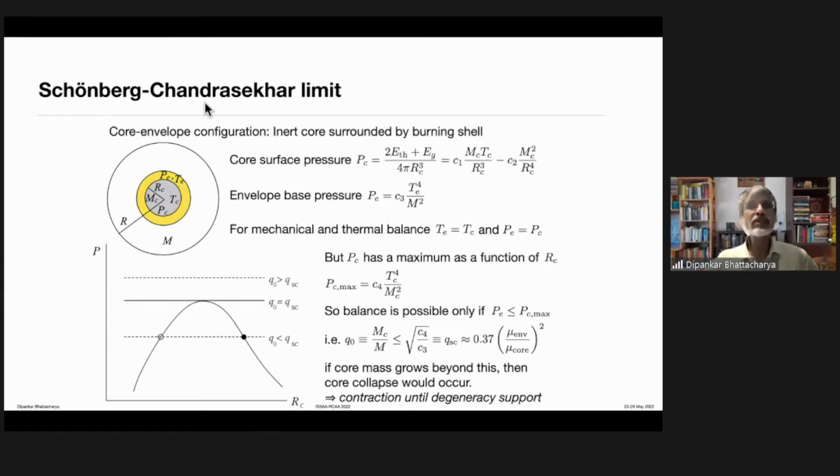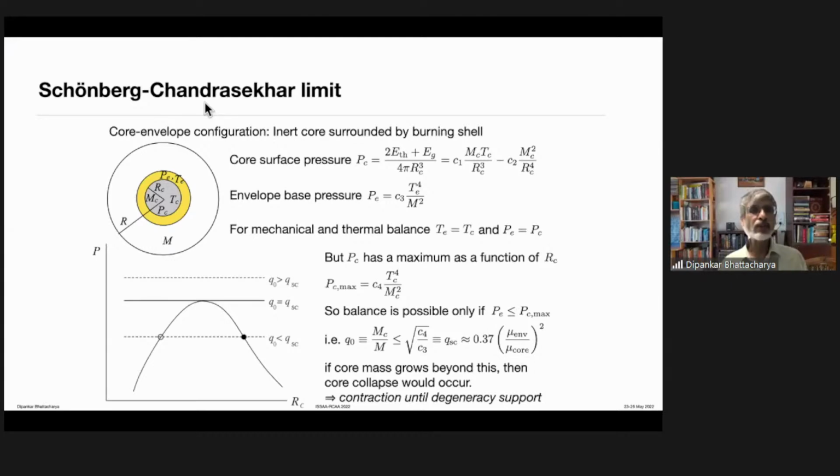But this is the Schoenberg-Chandrasekhar limit, which tells you how big in mass the core inside a star can grow before becoming unstable. So if the core mass increases beyond that, then core contraction will start, core collapse will occur.